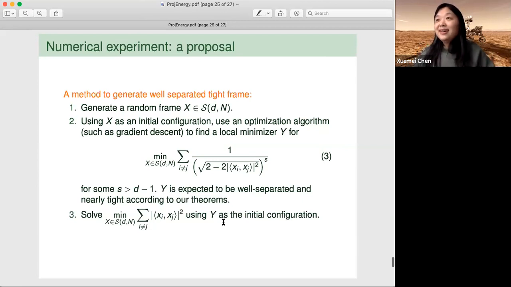The only really loose guidance I have would be the affirmative answer to the Paulsen conjecture, which does say if you have a nearly tight frame, which is what Y is, then within certain distance, you can find an exactly tight frame close to it.